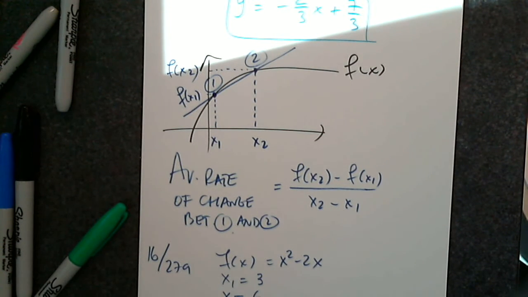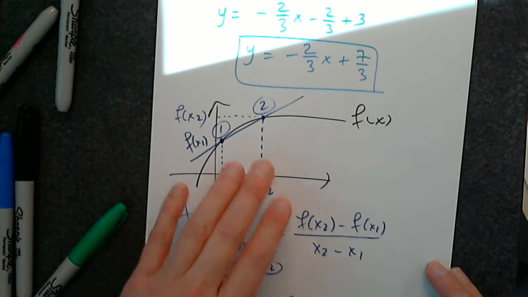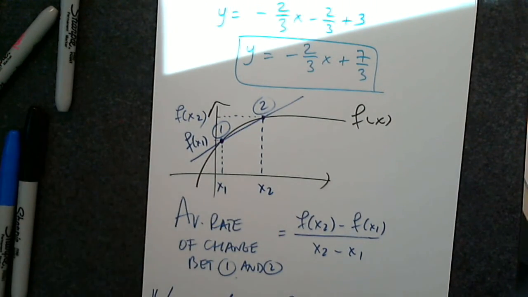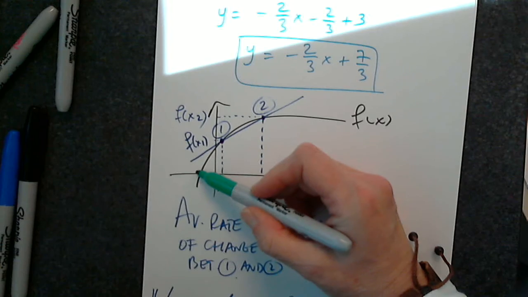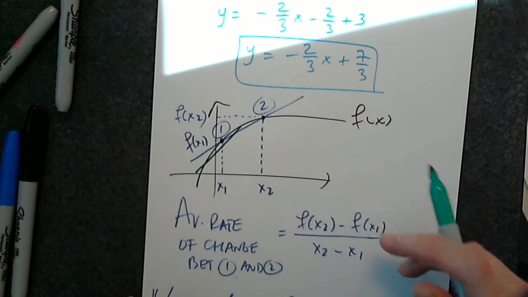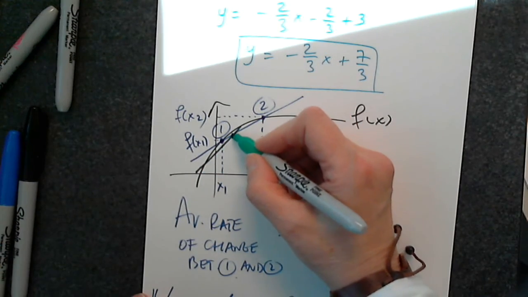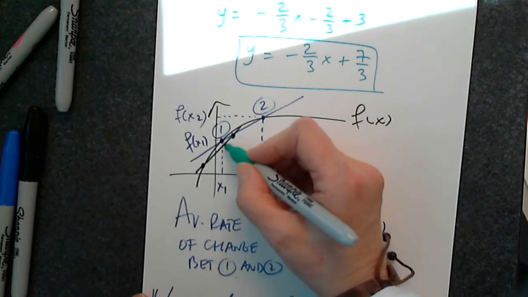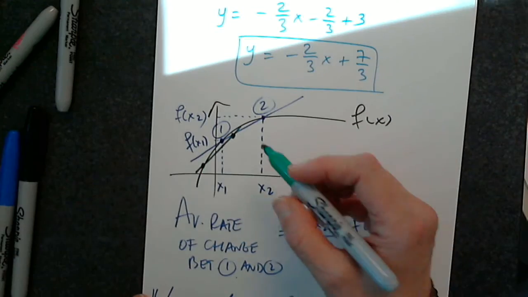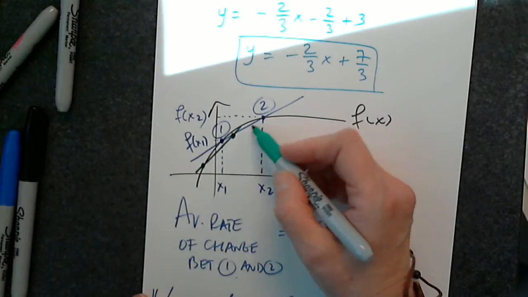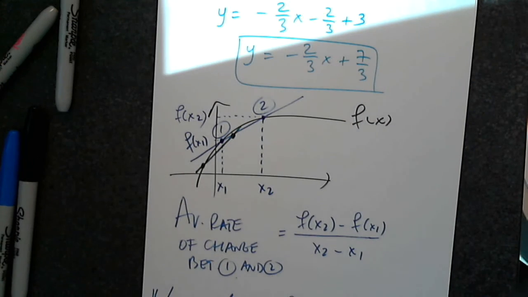Now let me ask you this. Coming back to this graph. Do you think that this line between these 2 points, or this line between these 2 points, has a higher average rate of change?